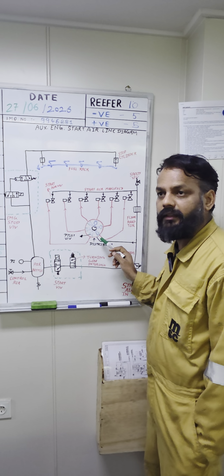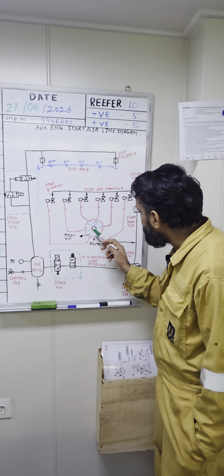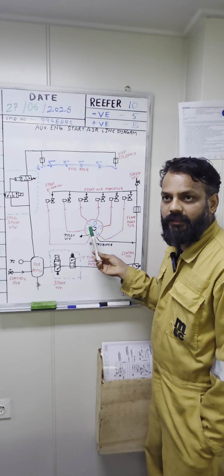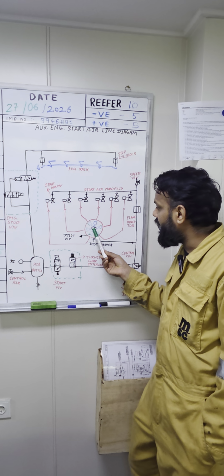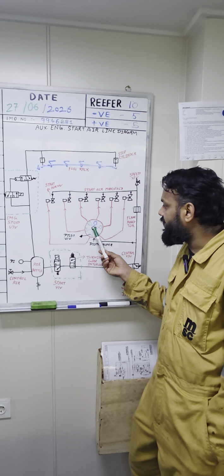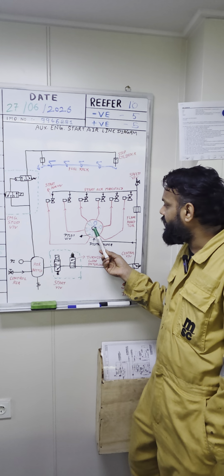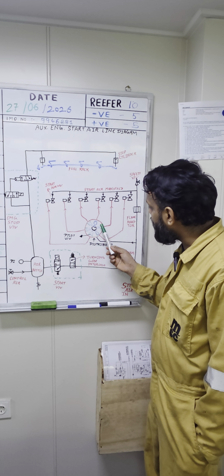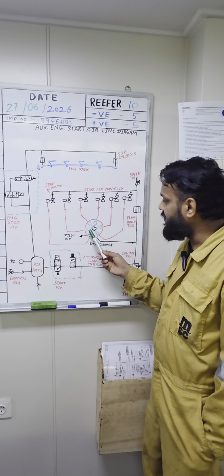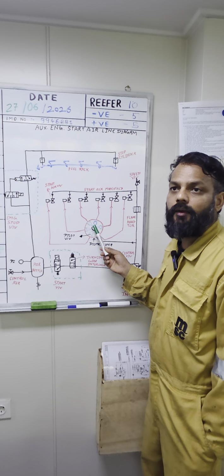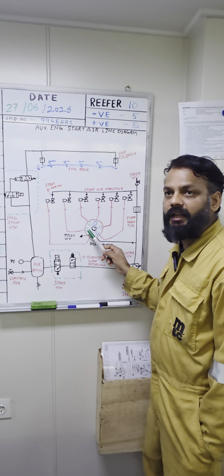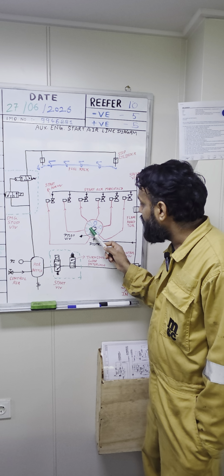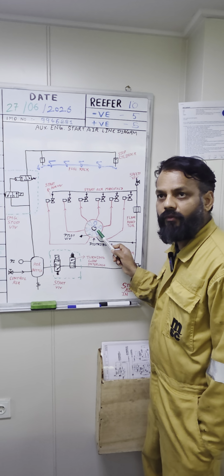As soon as I give the air, let's understand what is inside. Inside the distributor we have one negative cam. In the center you can see we have one negative cam, and in blue color you can see this is the pilot valve. These are compressed against the spring on the negative cam.